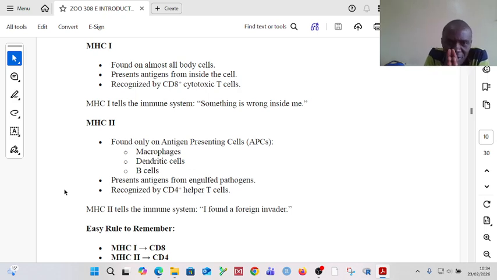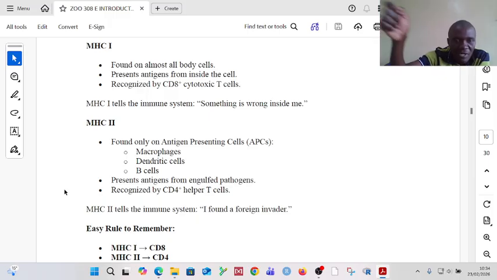The MHC class 2, hiyo inapatikana kwa antigen presenting cells, the APCs. 3 examples here: macrophages, dendritic cells, and B cells. Macrophages, they swallow, they engulf. Okay? So once they've engulfed, then the antigens of that engulfed pathogen will now be presented.